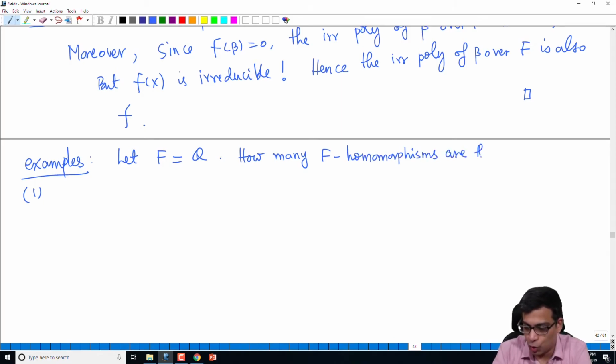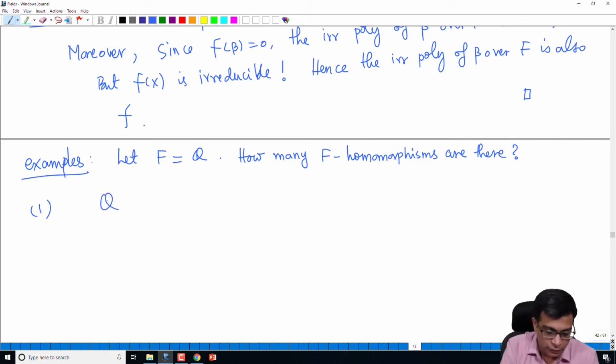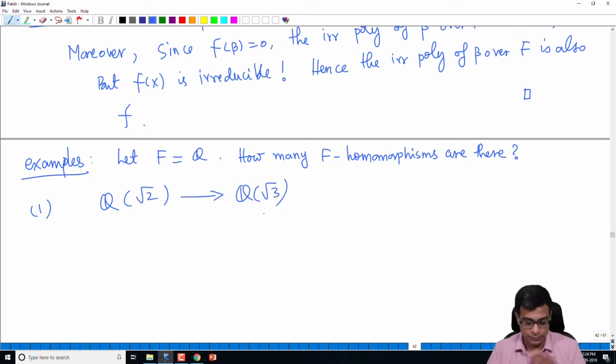So I will give you two extensions of Q, and in each case I want to determine how many F-homomorphisms there are. For example, let's take Q(root 2) to Q(root 3). Remember it is supposed to be a Q-homomorphism, so Q must go to Q by the identity map. It fixes Q, in other words.